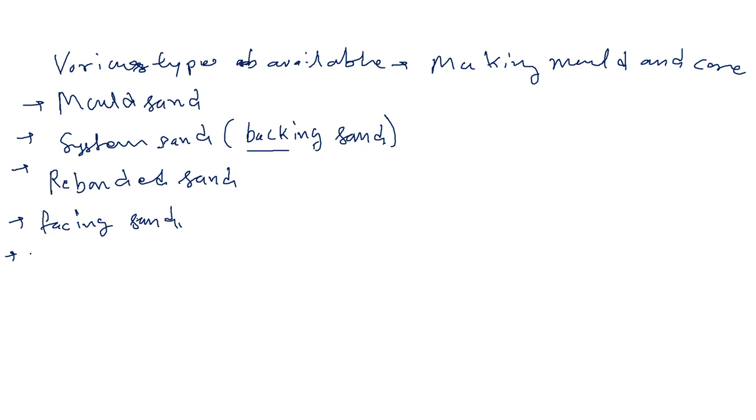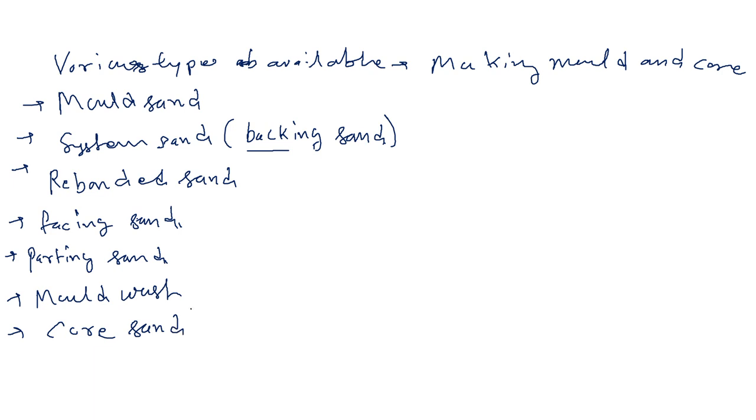And parting sand and mold wash and core sand. So various types of sands are used for making the mold.